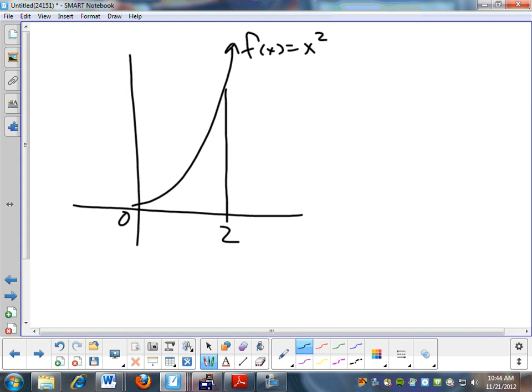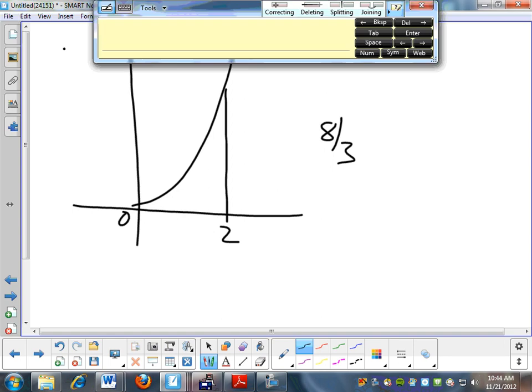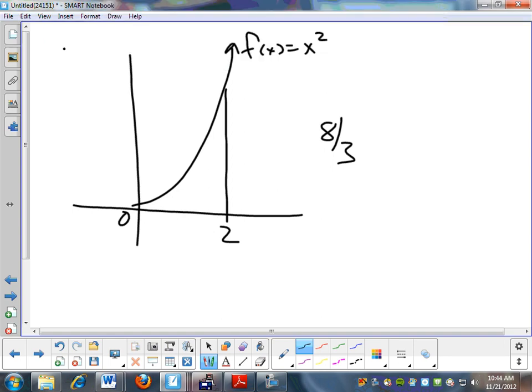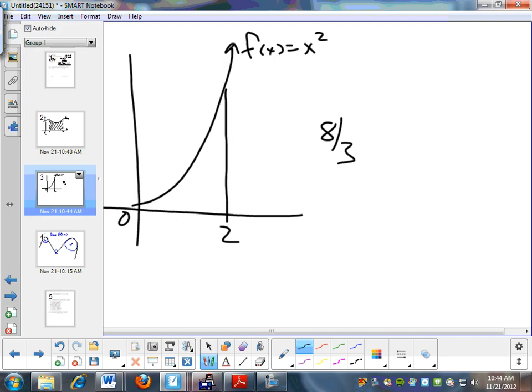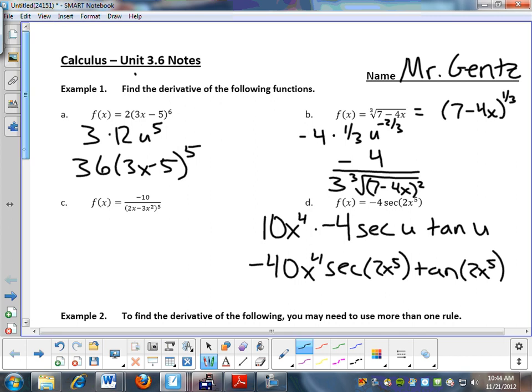What's the exact area bounded between 0 and 2? Eight over 3. You guys trust me. All right, well, you guys will just have to wait and see because it is unbelievable and you'll be able to do it as well. And that has all sorts of applications.